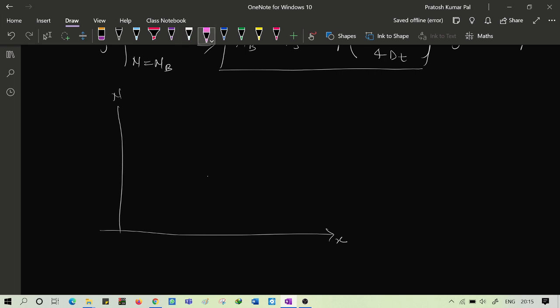Initially it will have a concentration, and suppose a diffusion is going to take place at t1 time period, then its concentration will decrease like that. So this is for t1.